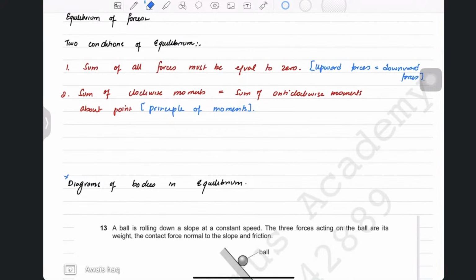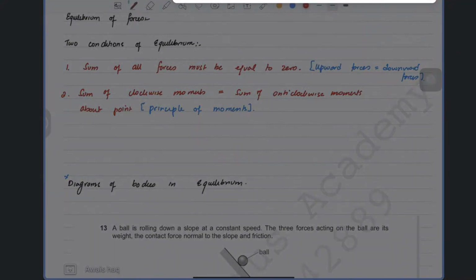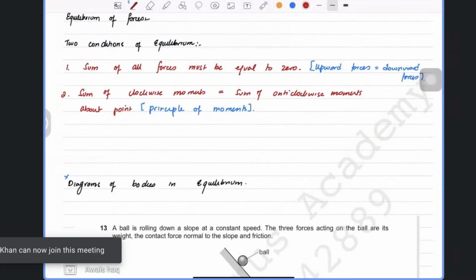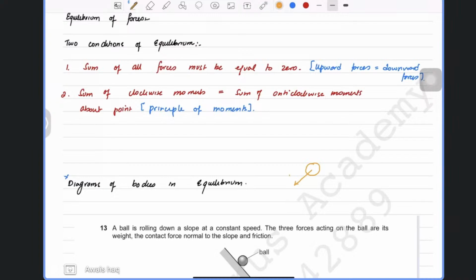Suppose there is a body that is shown to you. There is a body like this, and there are two forces on it, F1 and F2. When you draw a vector triangle, you pick one force and then the other, using the head to tail rule.